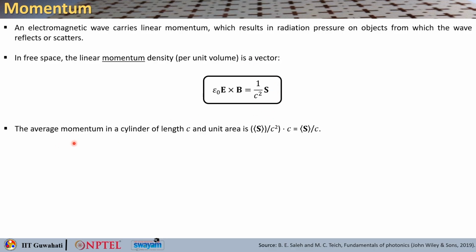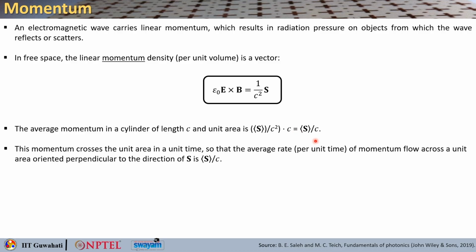Now, if you consider an average momentum in a cylinder of length c and unit area, the momentum density will be S by c square, and then you multiply by the length, because the area is 1. So, you get the volume, and you get S over c.